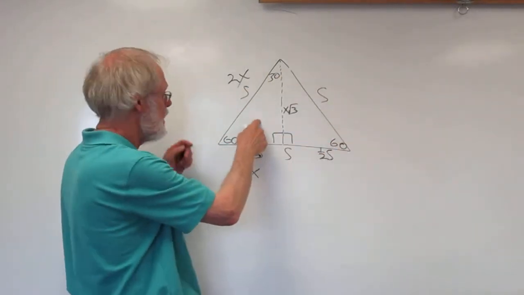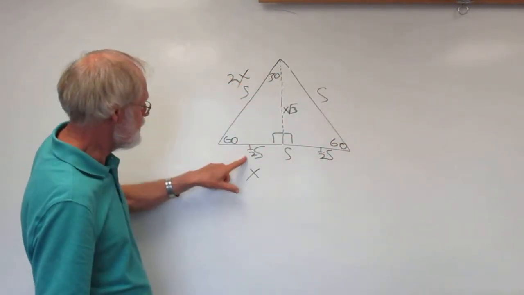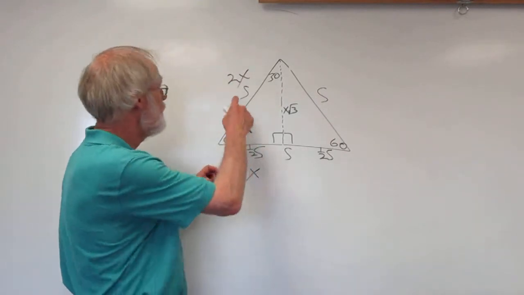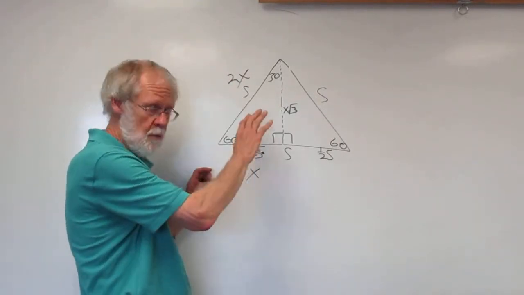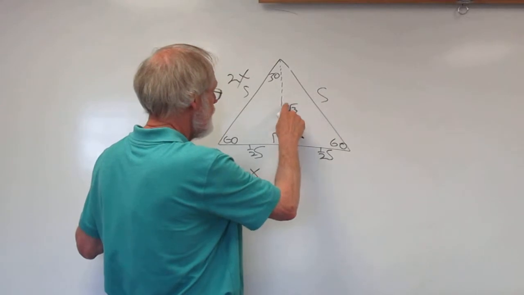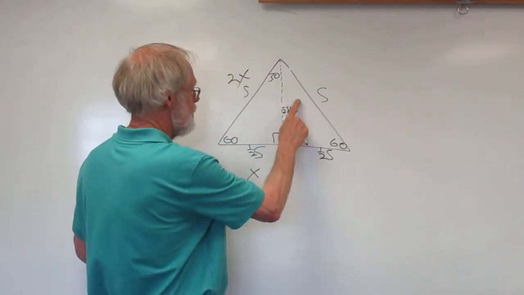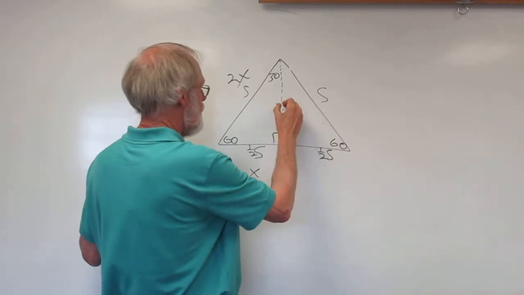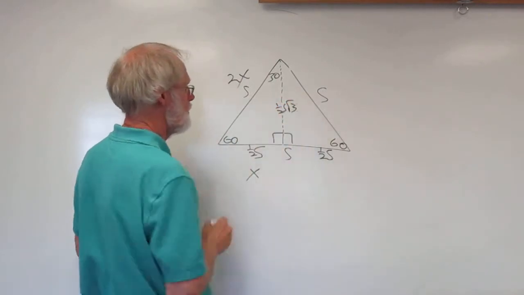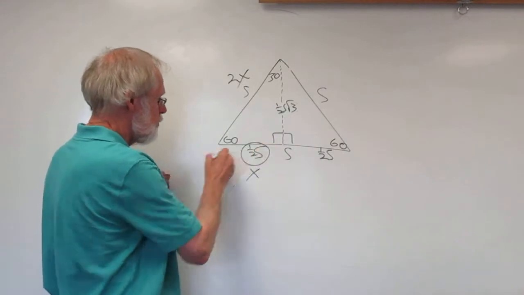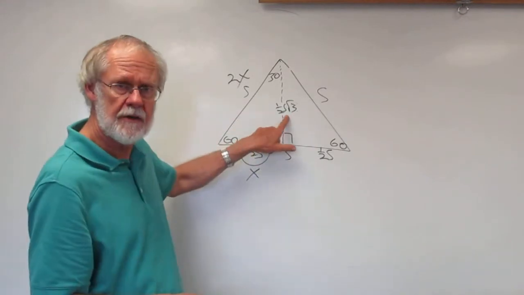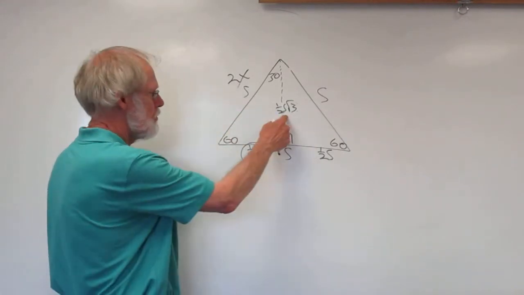Opposite the 30 degree angle is 1/2 S. Twice that is S, so that works. And this one is then 1/2 S square root of 3, because x is 1/2 S, and this is x square root of 3.